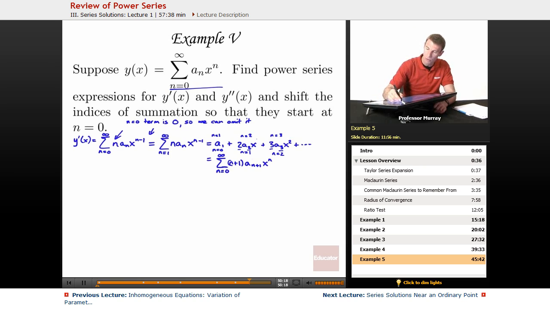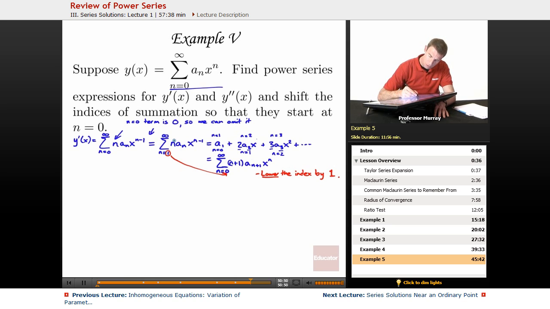And let's look at what effectively happened here from when I expanded it out and wrote it in a new form. If you look at this n equals 1 term, the index went down by 1. So we lowered the index by 1 because it went down from 1 to 0.